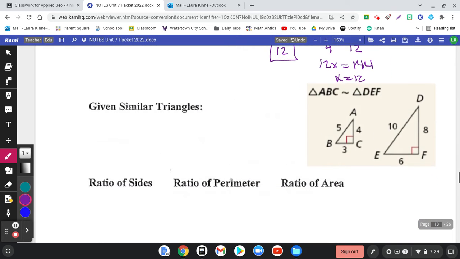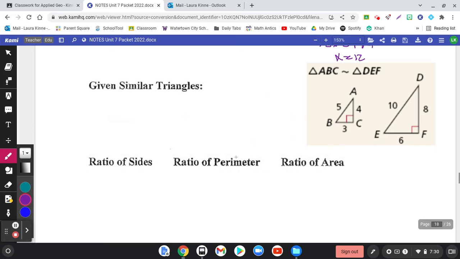The last thing I want to talk to you about today is, we've been looking at the sides being proportionate. Well, there's also a ratio to look at with area and perimeter. So we're going to talk about that today. It tells us these triangles are similar. The ratio of the sides, because it's starting with ABC, is 5 to 10, which simplifies to 1/2.